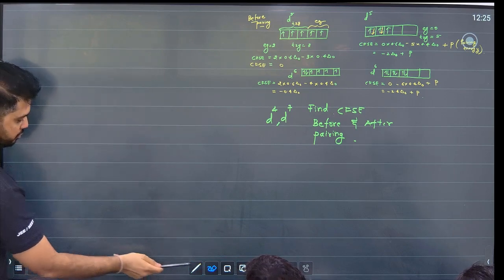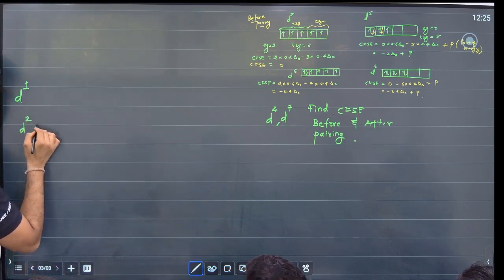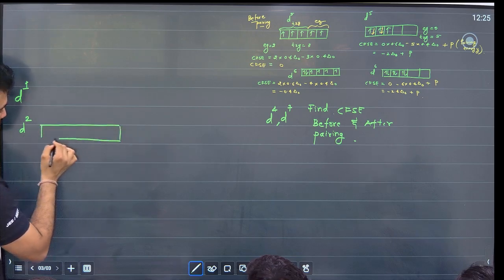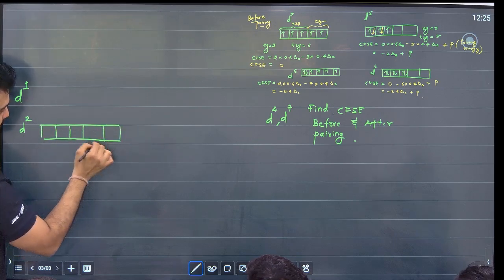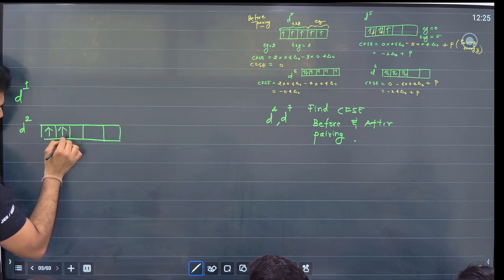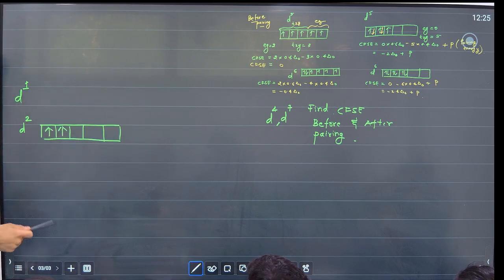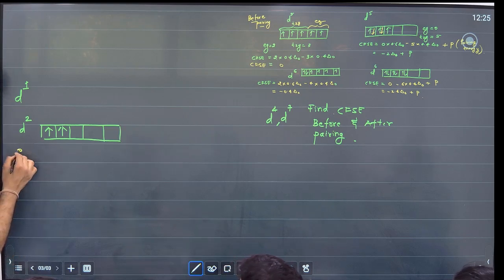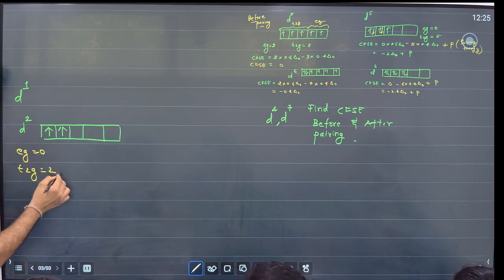Next, if I give you D2, before pairing, EG is how much? 0. T2G is 2.